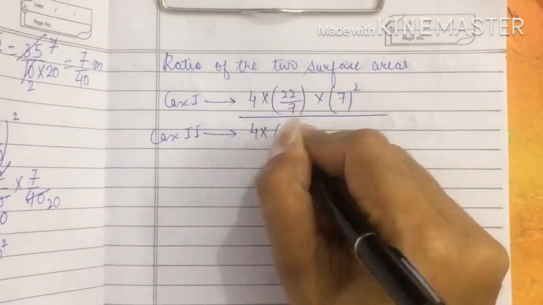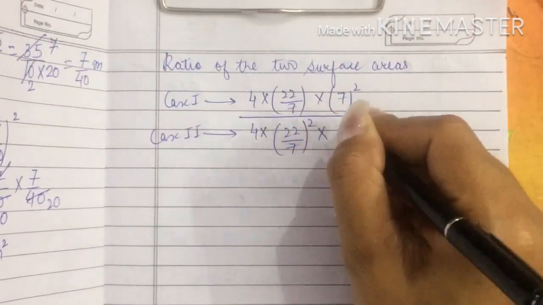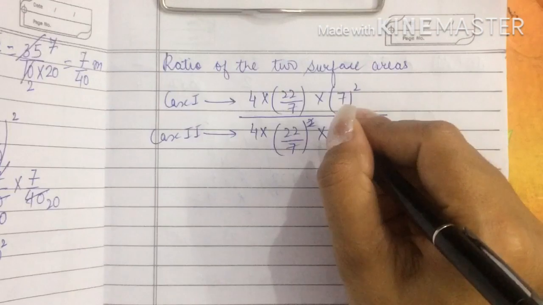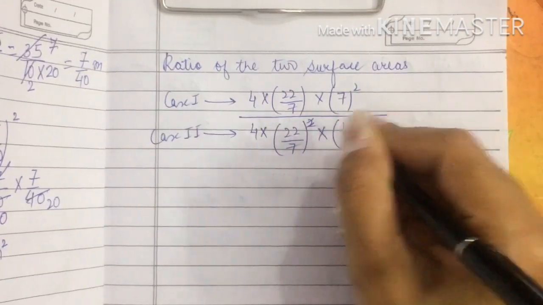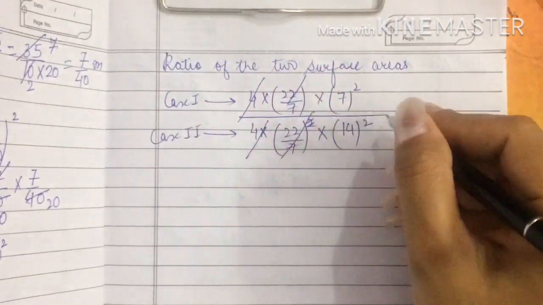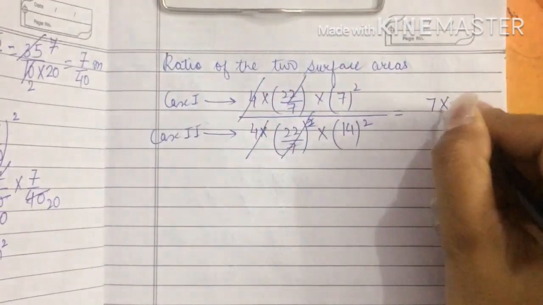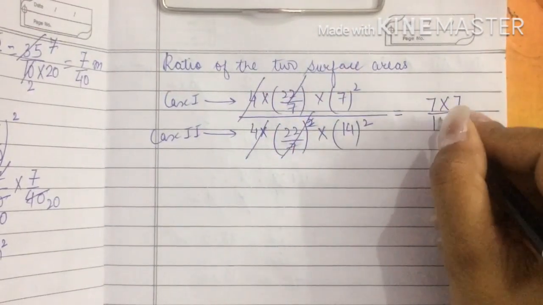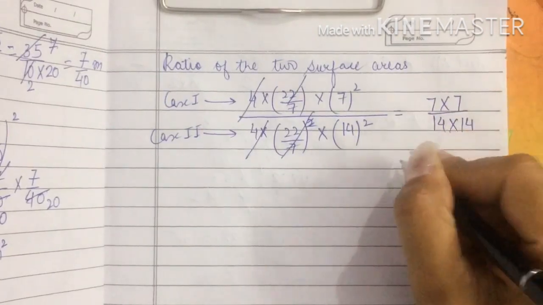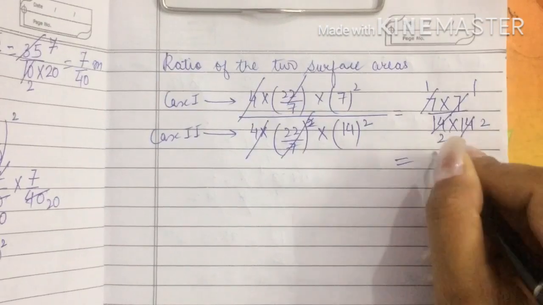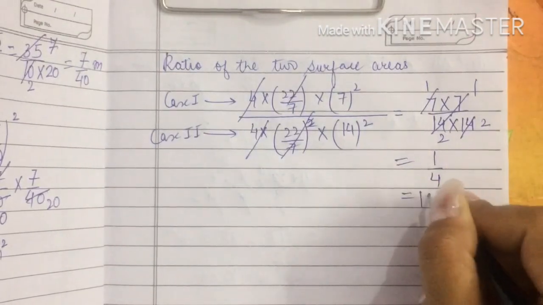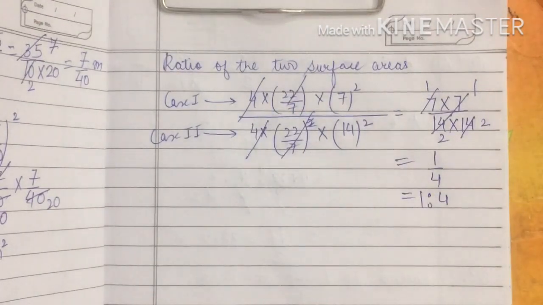So 4 into 22 by 7 whole square, 4 into 22 by 7 into 14 square. These get cancelled, so I'm left with 7 into 7 in the numerator, 14 into 14 in the denominator. Simplifying, I'm left with 1 by 4. So the ratio is 1:4.